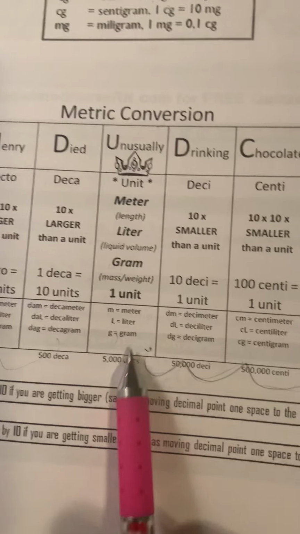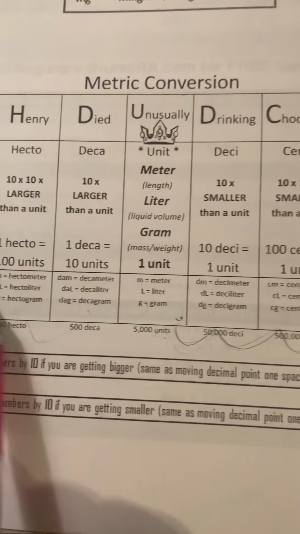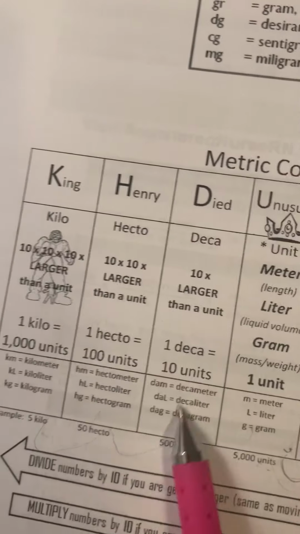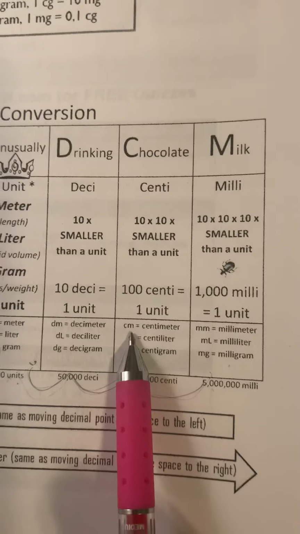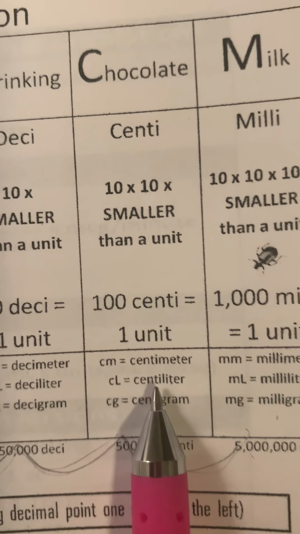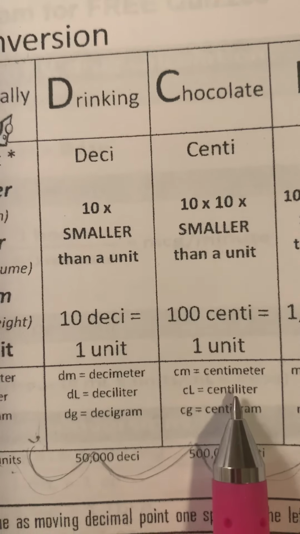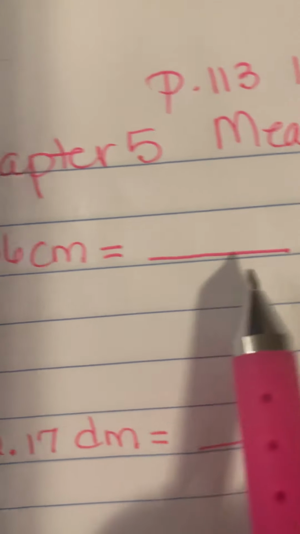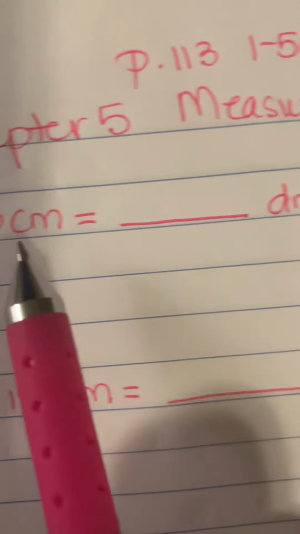The only thing we're going to do is start moving back and forth. I'm going from centimeters, cm, and I'm trying to get to dm. From cm to dm, where do I go?